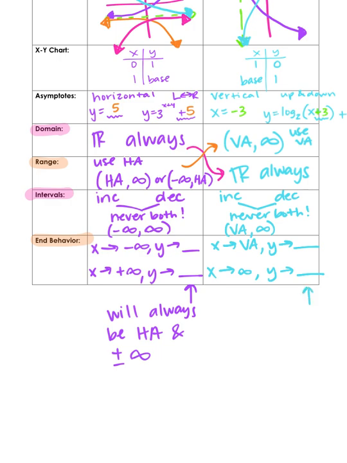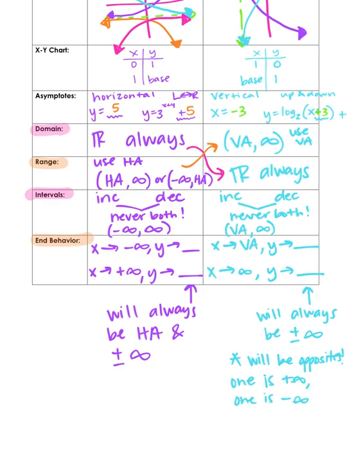My y values will always approach positive or negative infinity, and these will be opposite. One will go to positive, one will go to negative. And that's it.